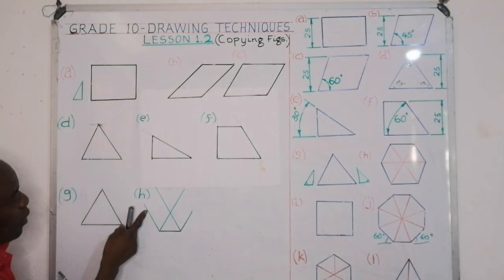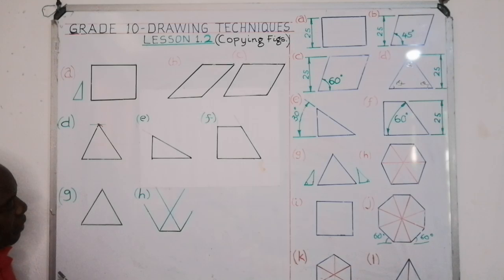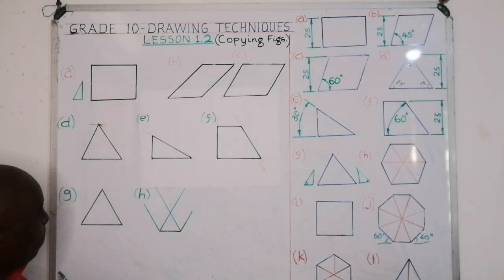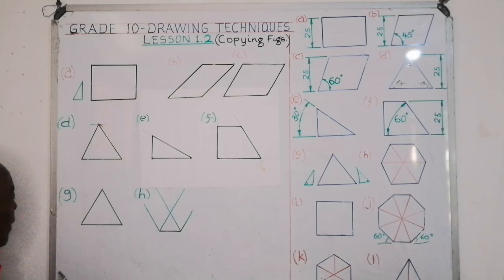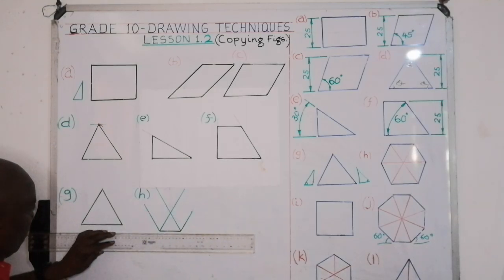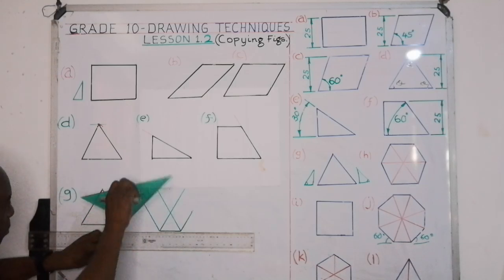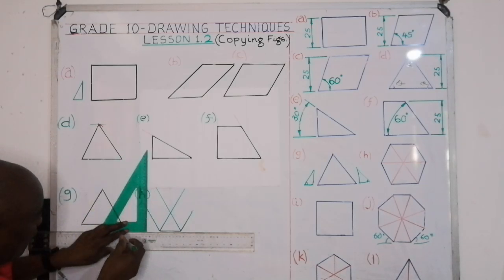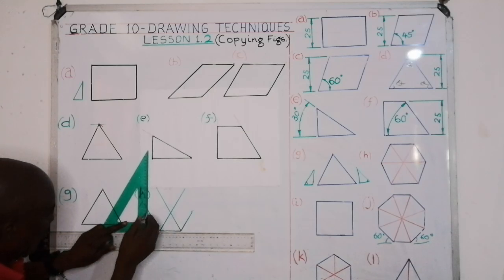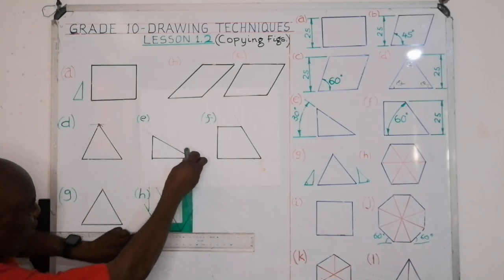Then from here I draw a vertical line, like this. My dimensions are not accurate because I'm using that improvised pair of dividers. So I draw a vertical line there, going up there, and also here.